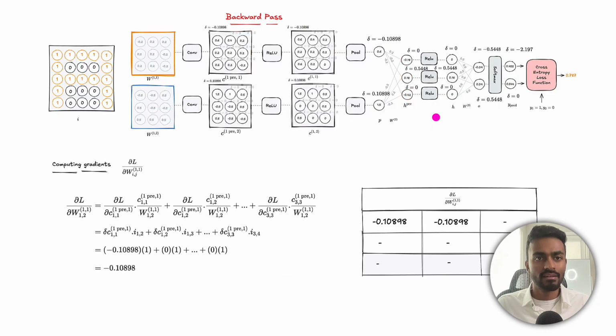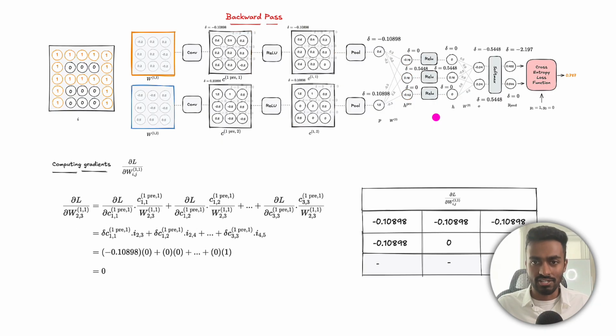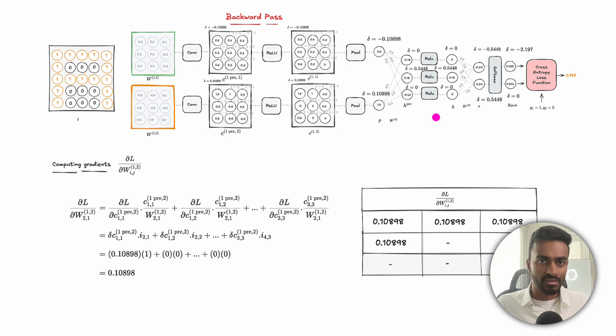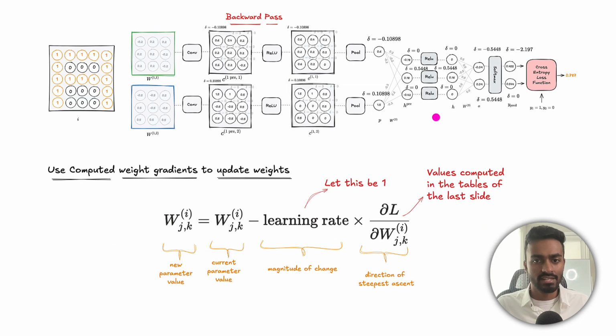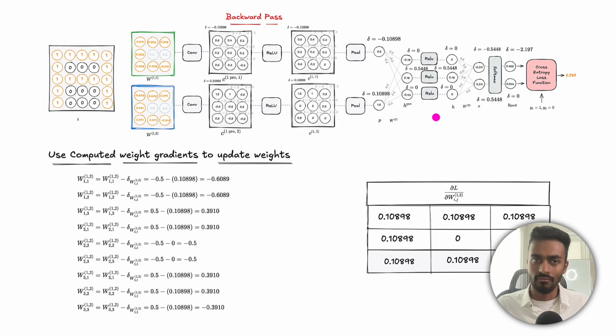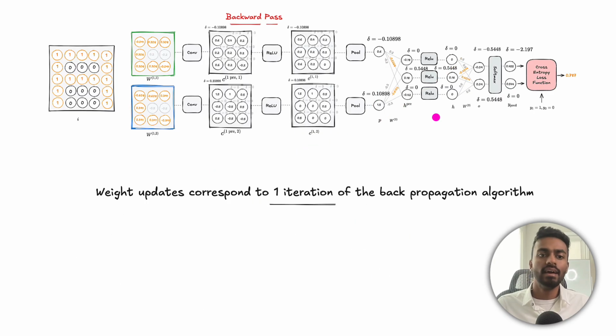And hopefully all of these computations and calculations make sense because we use these then to update the weight parameters from the network simultaneously. And we also took a look at some code that helps us verify that these values are largely correct.